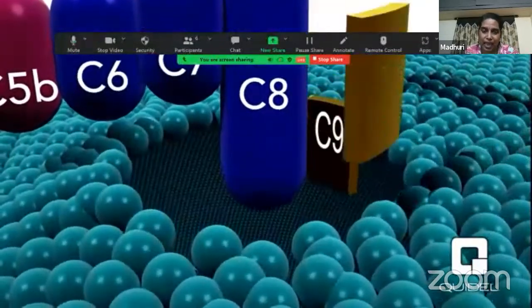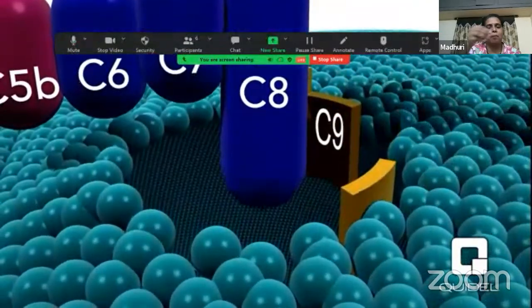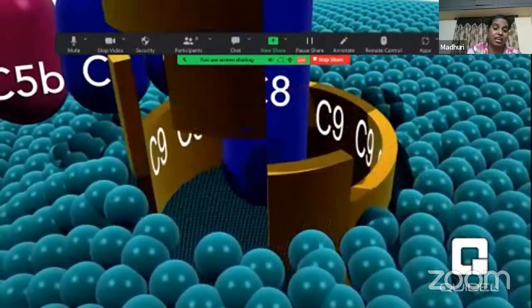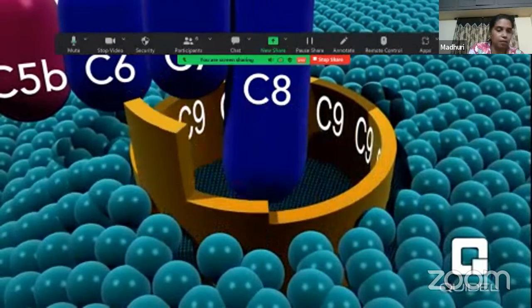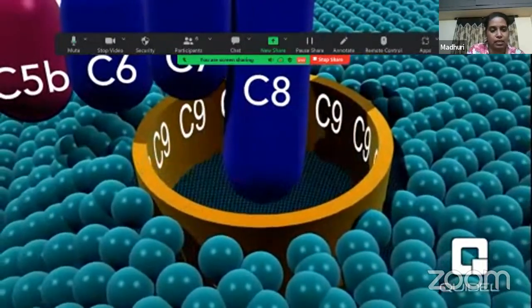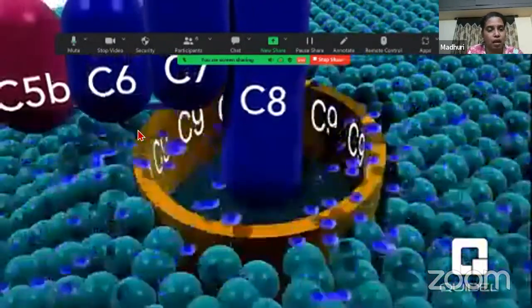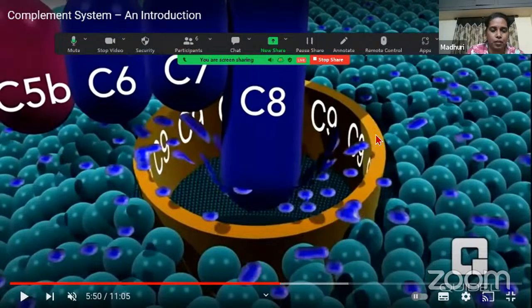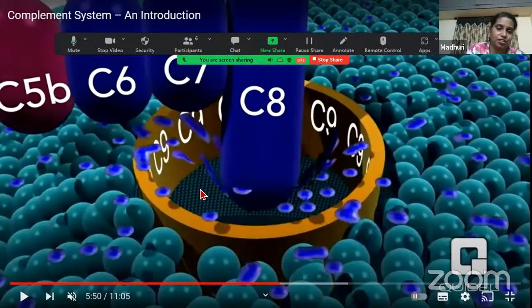Once C8 comes and attaches, it makes a small pore for the attachment of C9 molecules. You can see the C9 molecules coming and settling in the form of a hole, making a bigger hole for the entry of water molecules and other ions into the antigens.